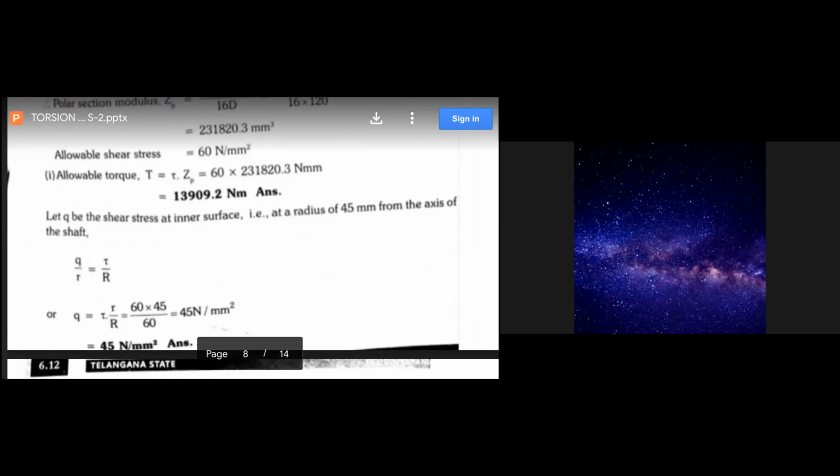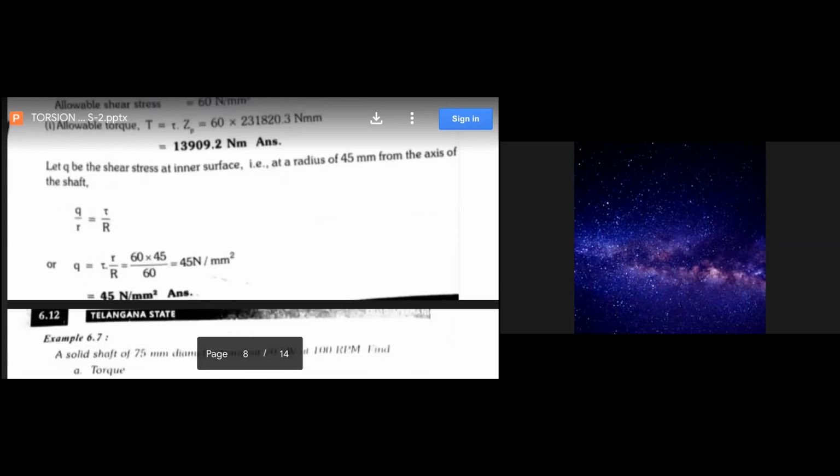So let small q be the shear stress at the inner surface and tau be the shear stress at the outer surface. The inner surface radius is small r, and the outer surface radius is capital R. So the relation is q by small r equal to tau by capital R. Here capital R is given, q you have to find, and small r is the inner radius.